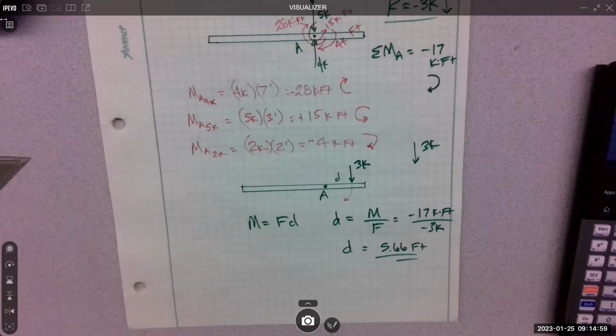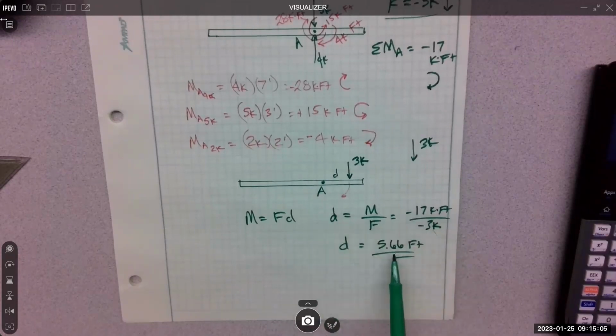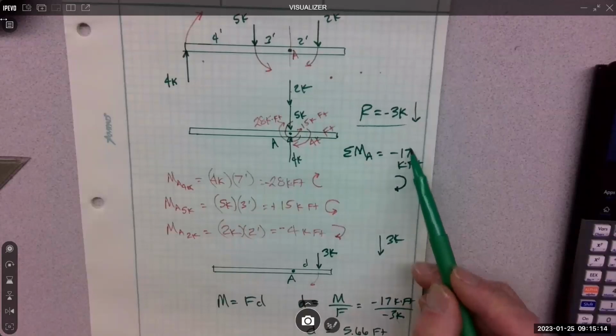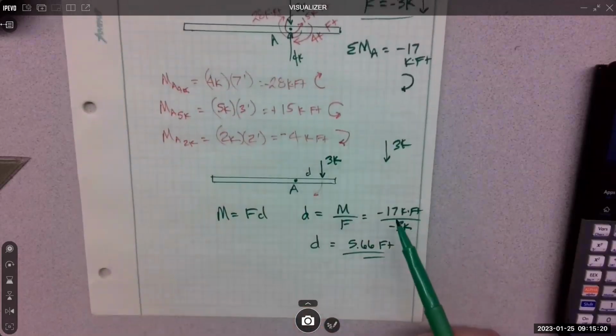Where are you multiplying by 3? Well, if you go back to the formula. No. Right here's the formula. We got 3K down. We don't know the distance. And we know the sum of the moment is 17. So then we just take the moment divided by the resultant.